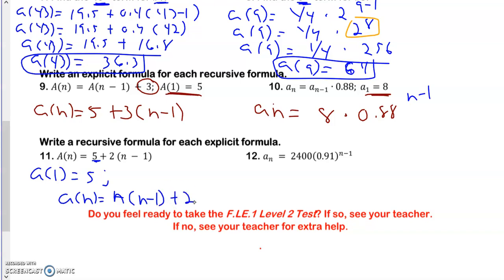This one is geometric, so we know that the first term, A of 1 for this one would be 2400, and then I'm going to write A of n equals A of n minus 1 times 0.91.